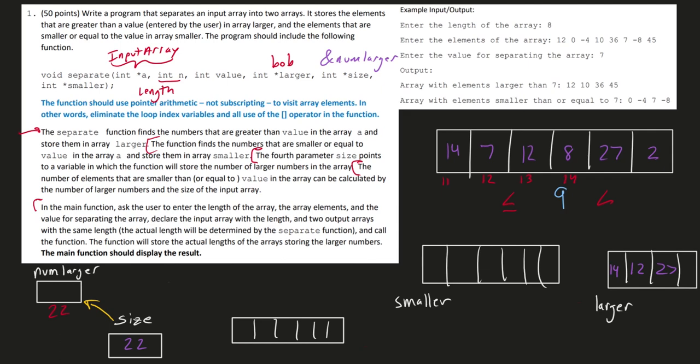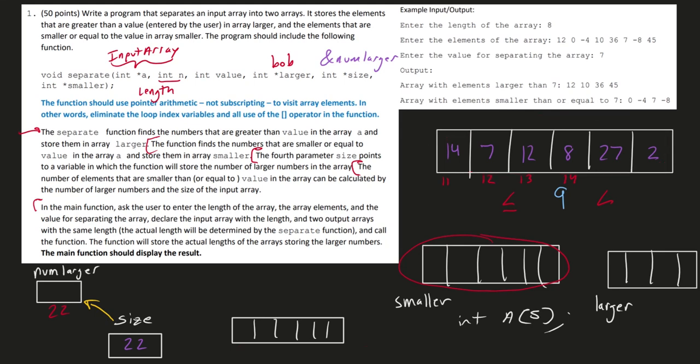Remember, this larger and smaller, these 2 arrays here, have to be created, because really they need to be sent in to the function here. Well, to create an array, I have to know the array's length. To create any array, I've got to know how many elements are going to be in there.